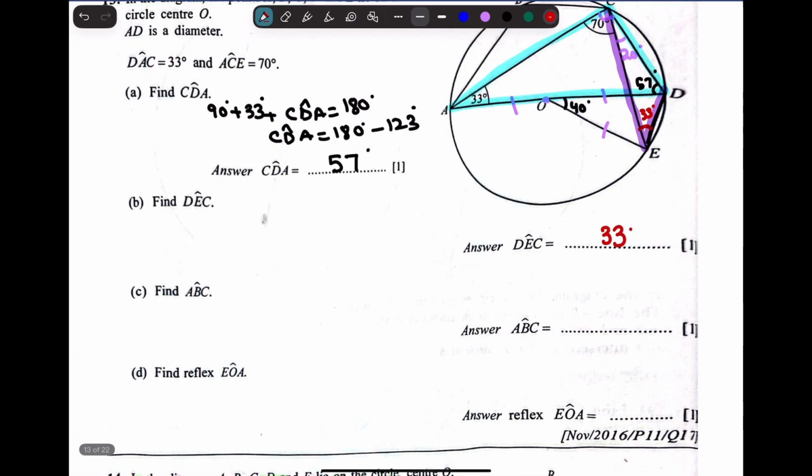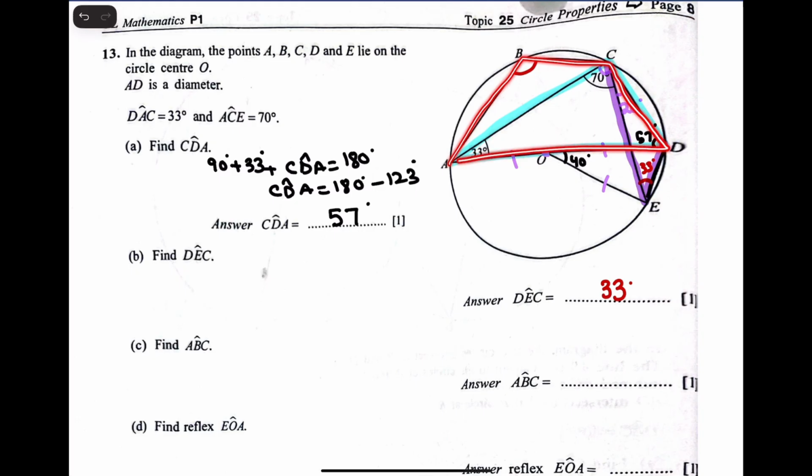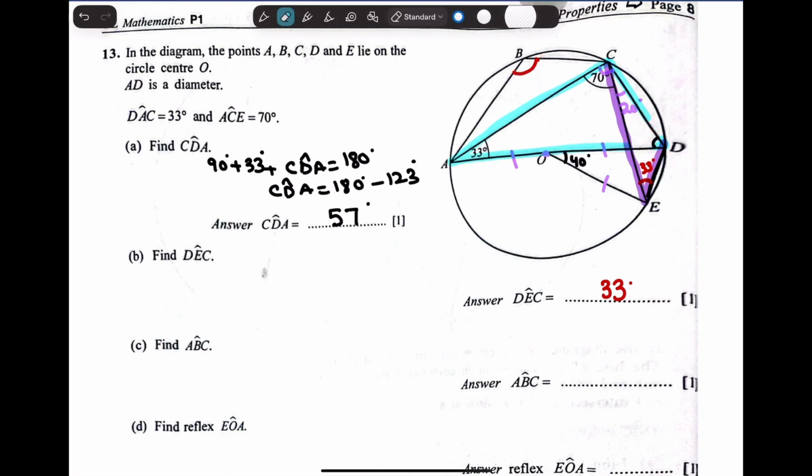ABC, this angle. Okay, for that we're going to see that ABCD is a cyclic quadrilateral. If angle D is 57, then angle B plus angle D are supplementary angles.